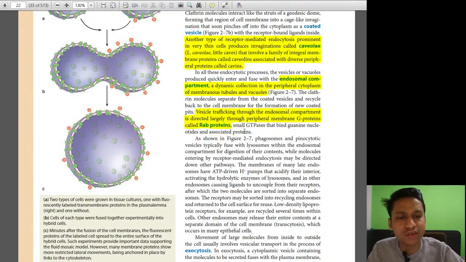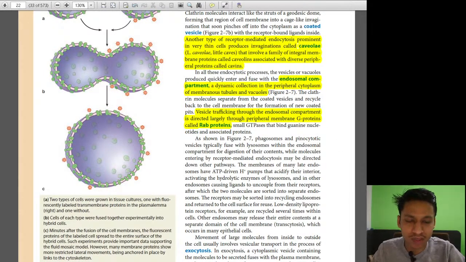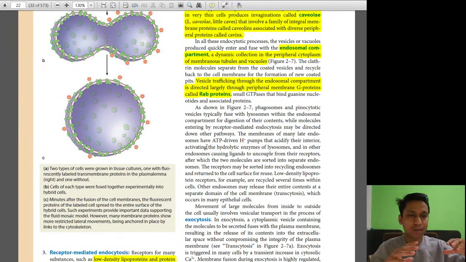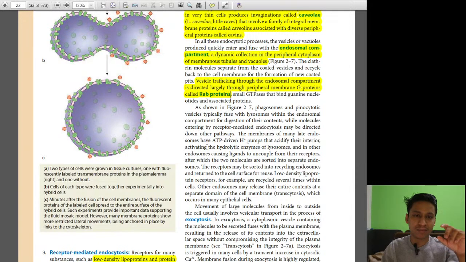Okay, as shown in figure 2.7, phagosomes and pinocytotic vesicles. We'll go to figure 2.7. Let's quickly review what happened so far. Receptor-mediated endocytosis. There is a cell membrane. We have multipass proteins that are integral proteins. Some of those are receptors. The role of receptors is cell adhesion, cell recognition, and also response to the protein hormones that come to them.